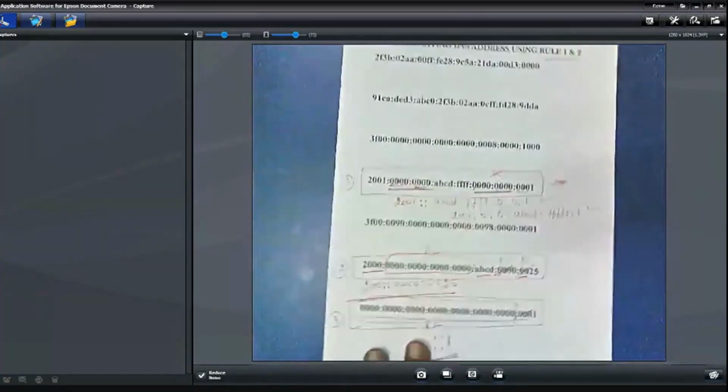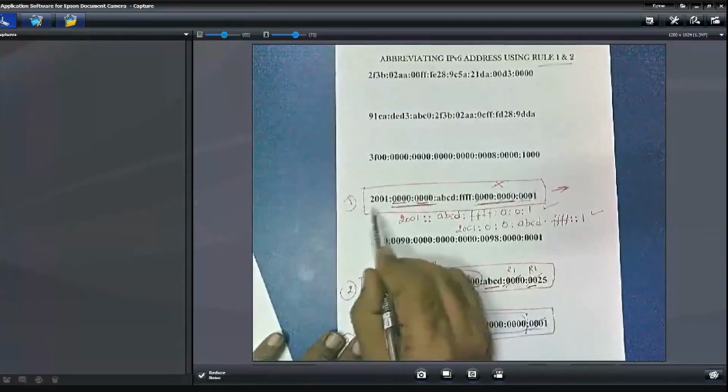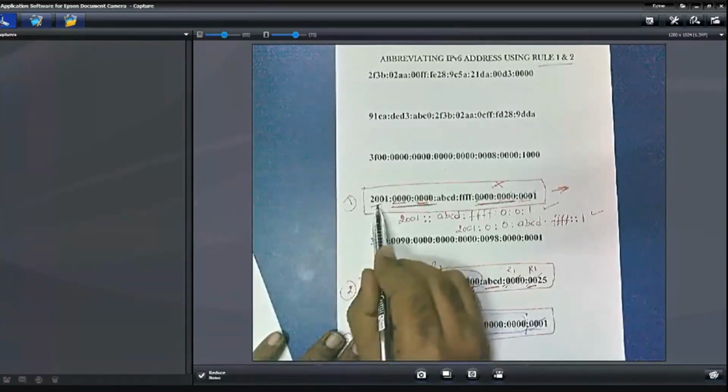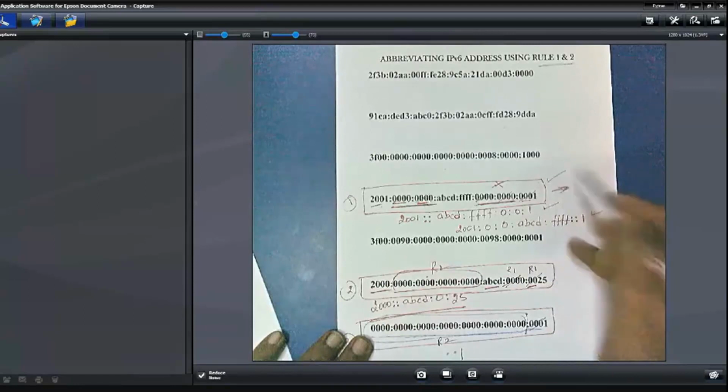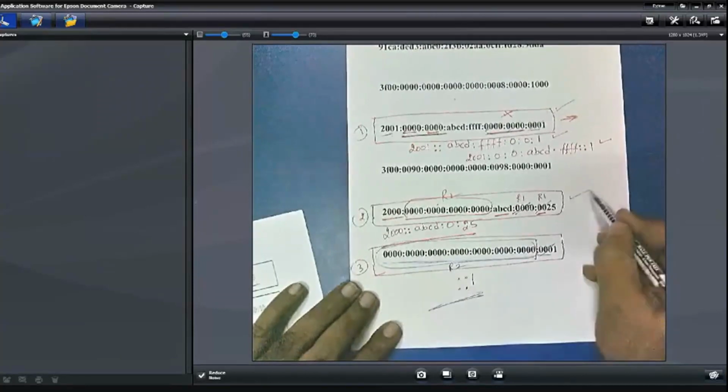Now see this: 2001, the first three digits are 200. This is a global unicast address. Then this other address starting with 200 is also a global unicast address.